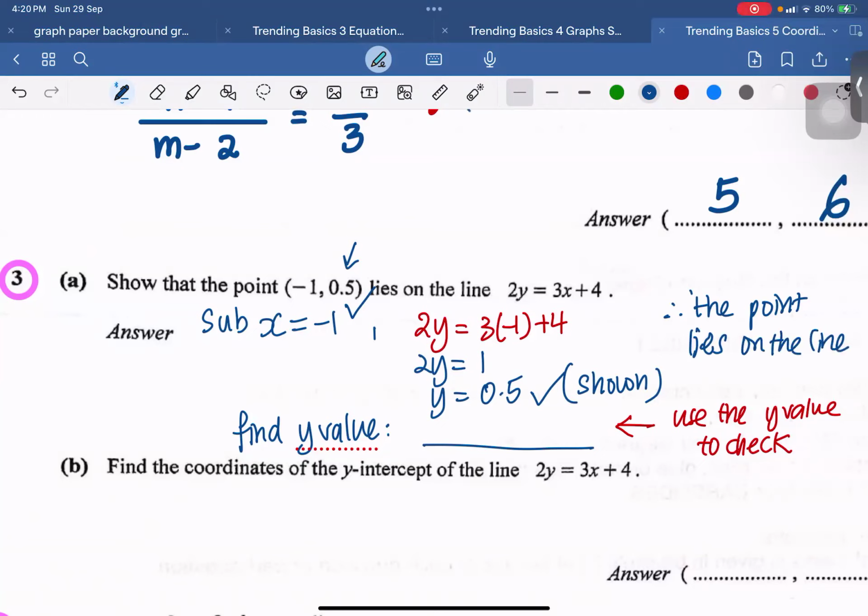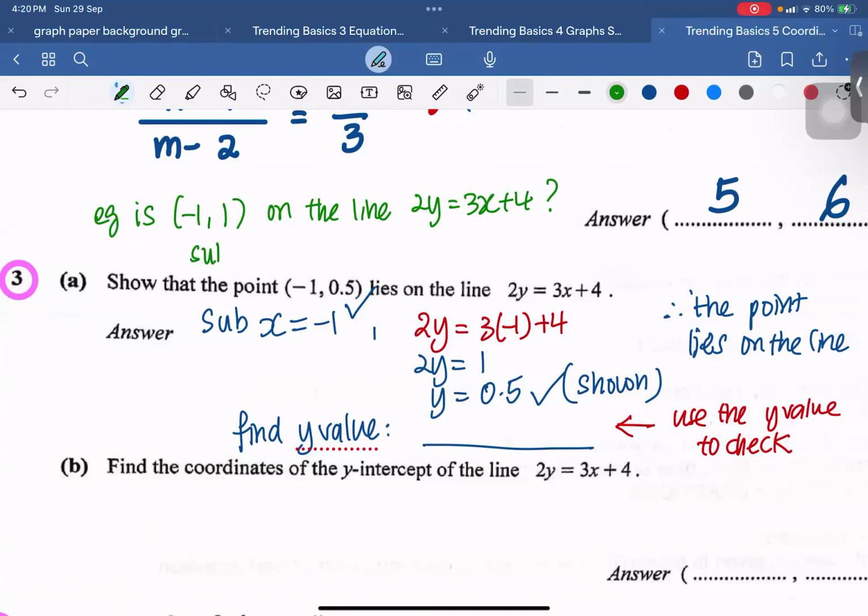If the question asks you, let's say I give you another question example: is the point (-1, 1) on the line 2y = 3x + 4?